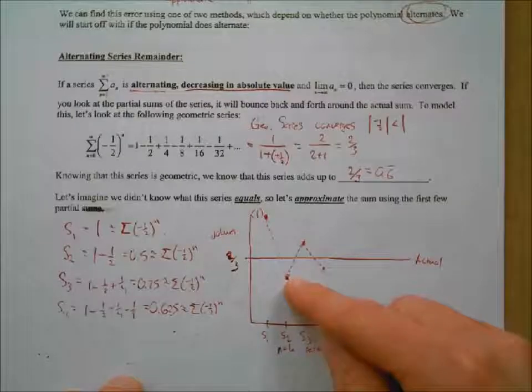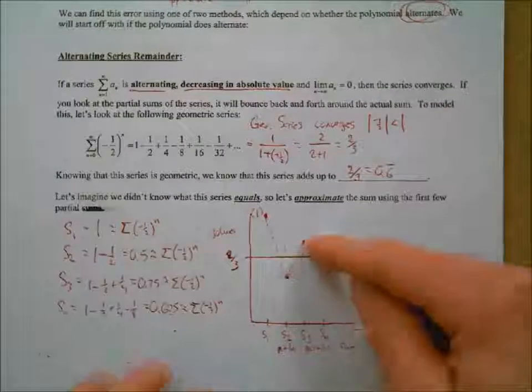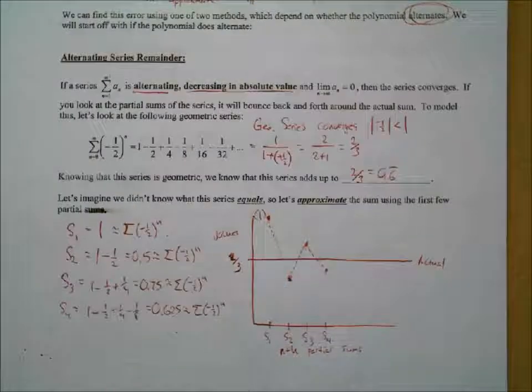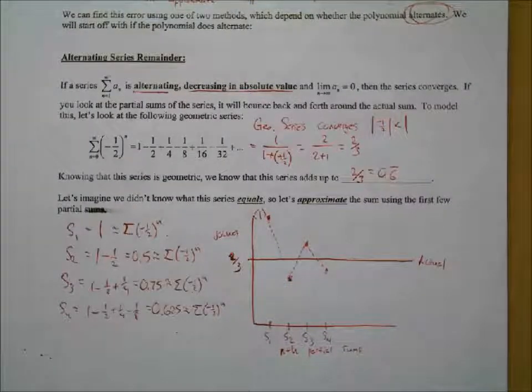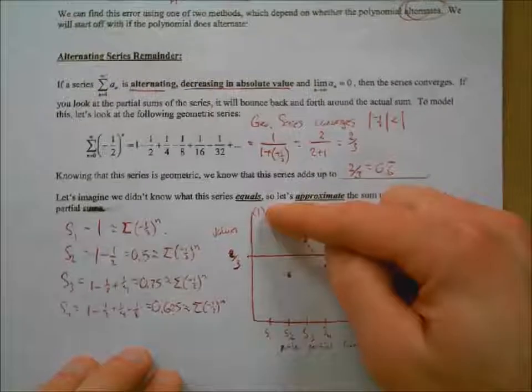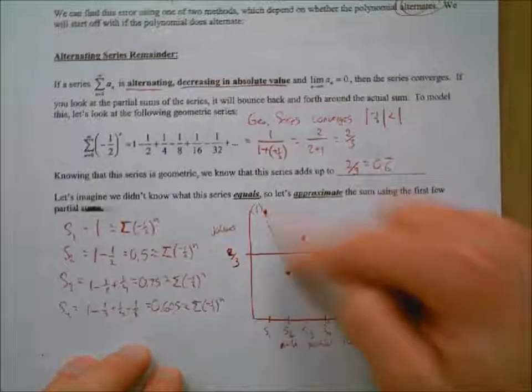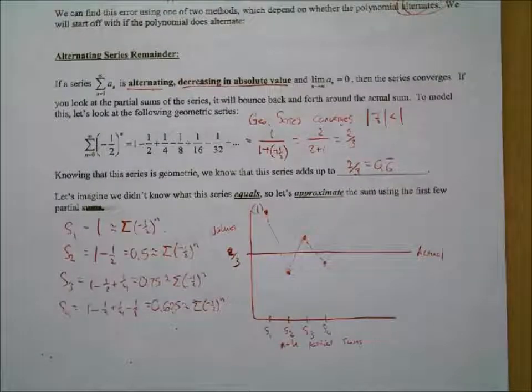Then by adding the next term we go back through the other side, and so on, and the distance from the actual value is decreasing as you go, so we're getting a better and better approximation, decreasing our error. But at most, from the previous term, we'll be off by that next term, whether it was a positive or negative term. So at most we'll be off by that much.